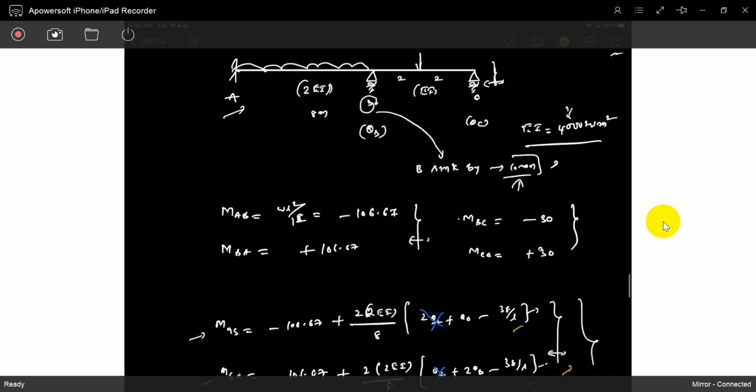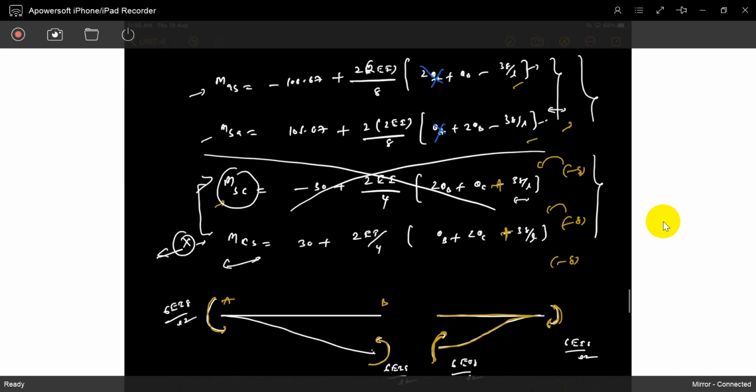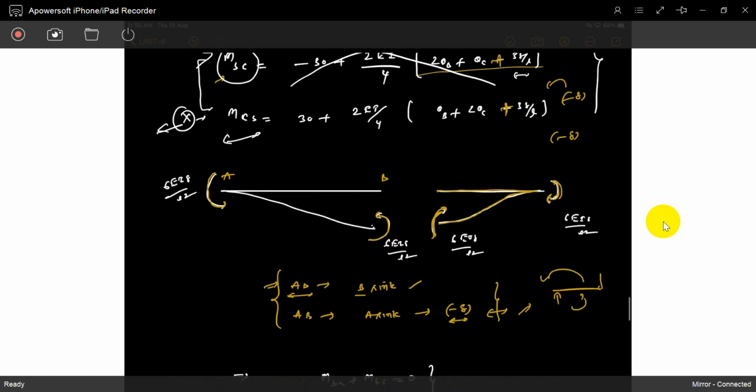If B is sunk by 10 mm, how can you take it? One is positive, one is negative. How can you take it? Based on the same diagrams. We discussed it many times. So A, B is sunk, B is positive, negative. If you write down the diagram or representation, you can feel it.